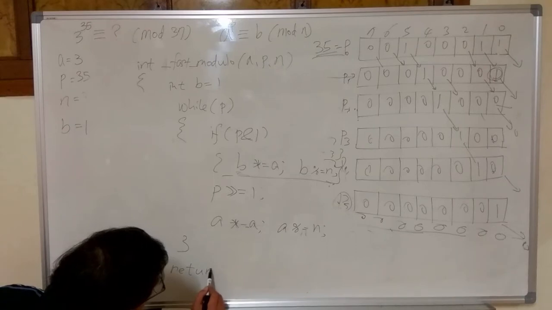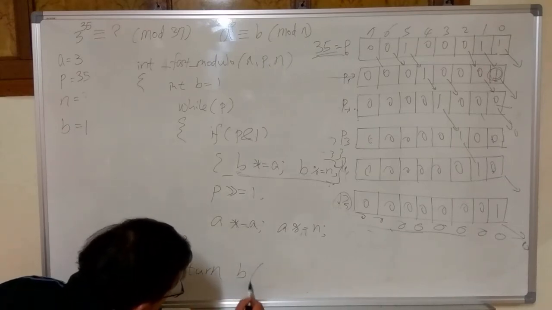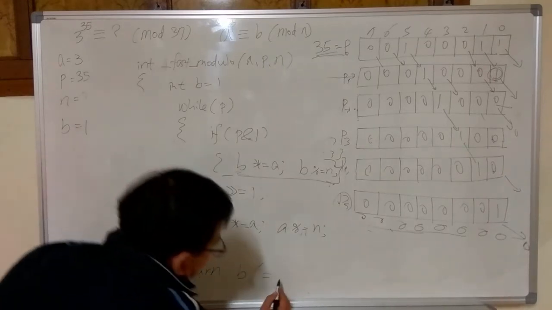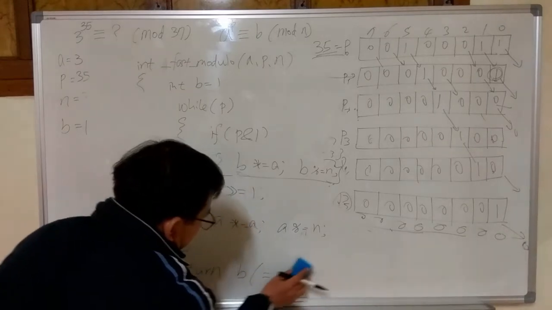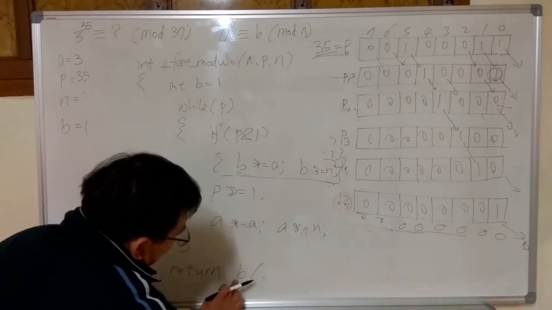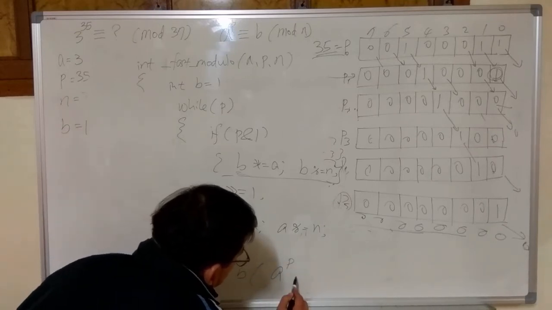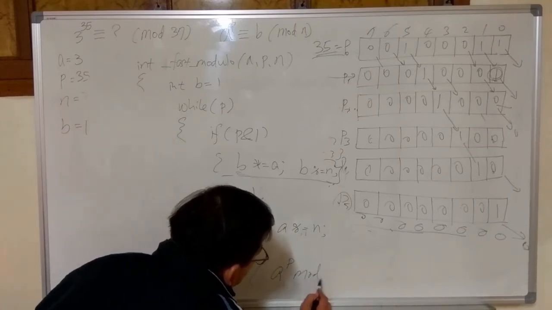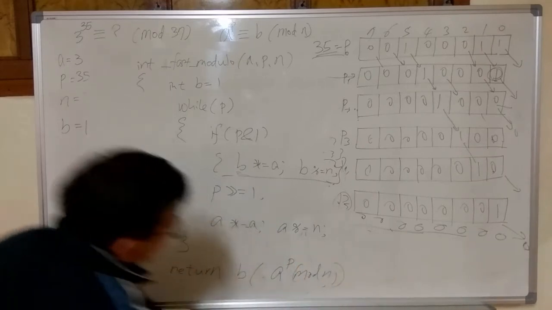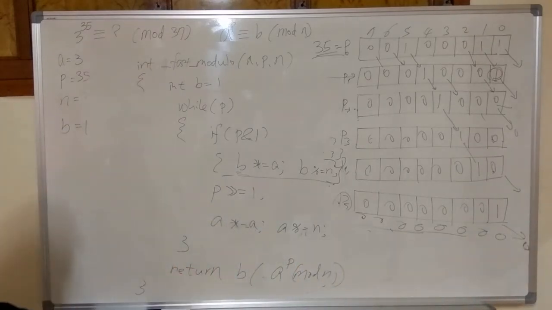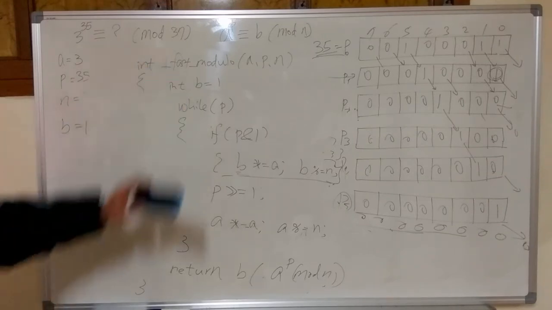B. B is effectively A to the power of P mod N, the return value. I hope you understand. I will call this function fast modulo.